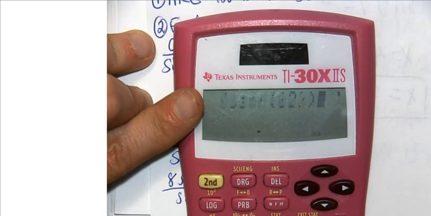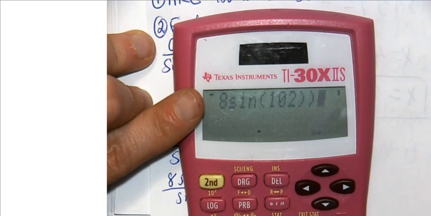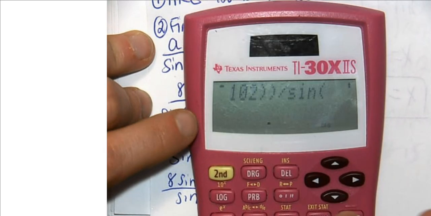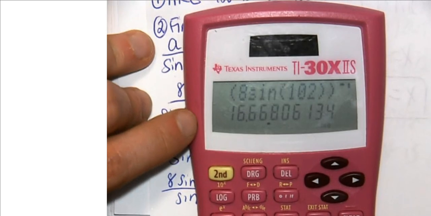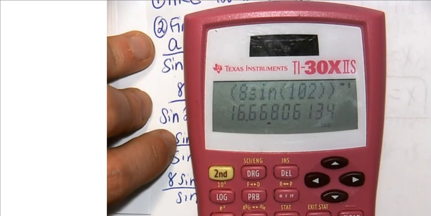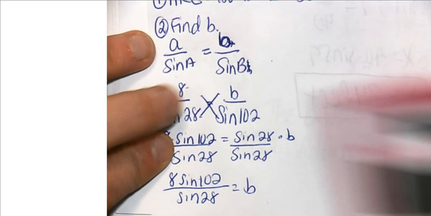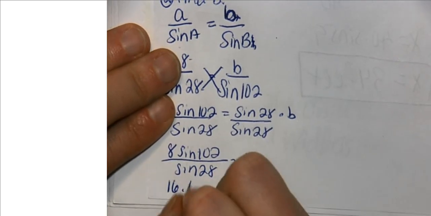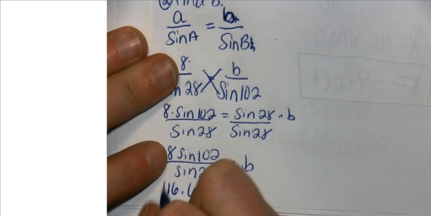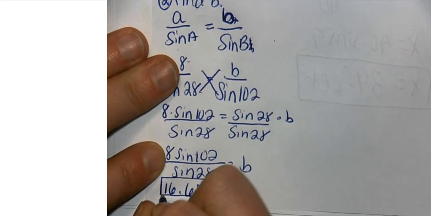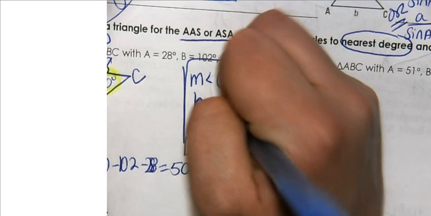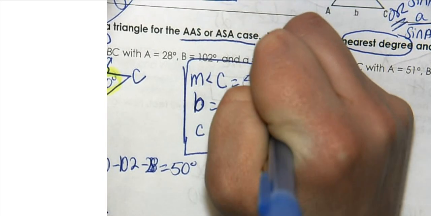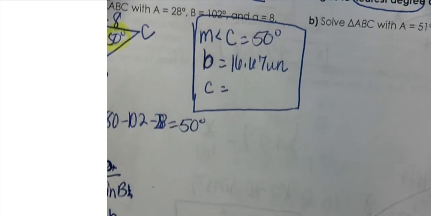So that's my numerator, and I am going to divide it by the sine of 28. So my numerator divided by my denominator, and I end up with 16.67. So 16.67 is equal to b. So that's 16.67 units. So now I need to find c.